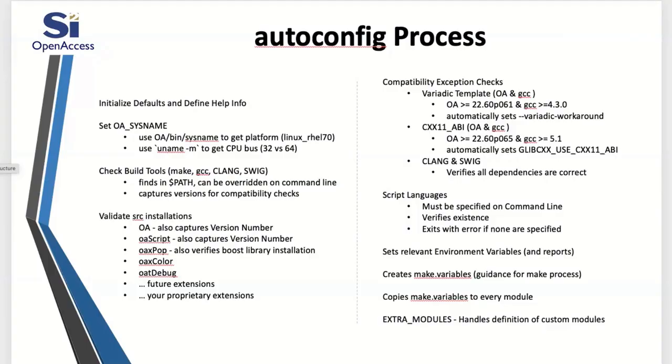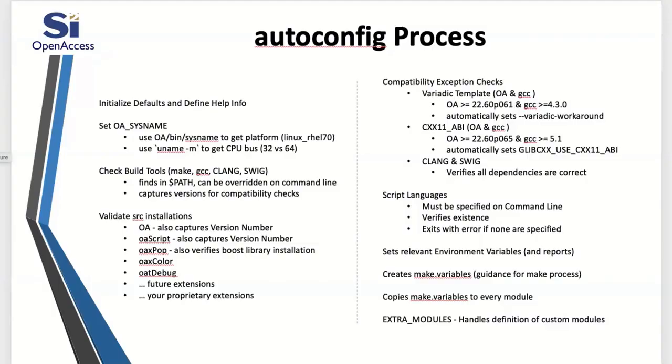And in the case of OA, it also captures the version number of OA, and in OA script, it captures the version number, and at OXPOP, it verifies that the boost installation that was specified is valid. And these versions then are used in the very next step to the top right column for compatibility checks.